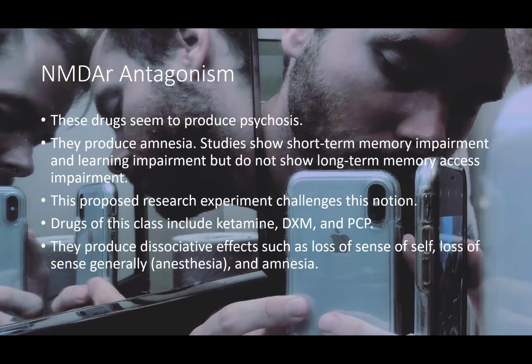They're used as animal models for studying schizophrenia and psychosis because NMDA receptor impairment has been seen in schizophrenic subjects. And these drugs produce amnesia. They are also used as anesthesia. That is their primary use in humans, basically, that with the higher doses that people seem to become unconscious.